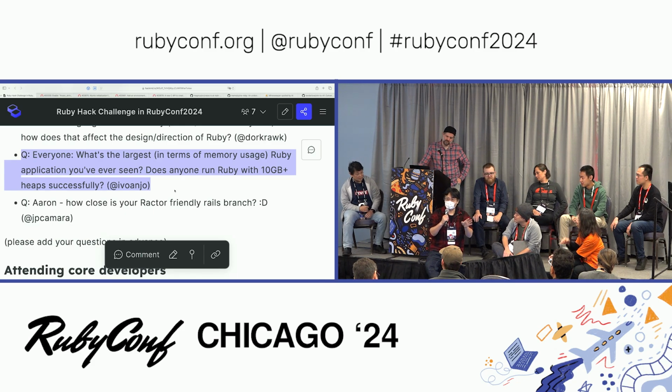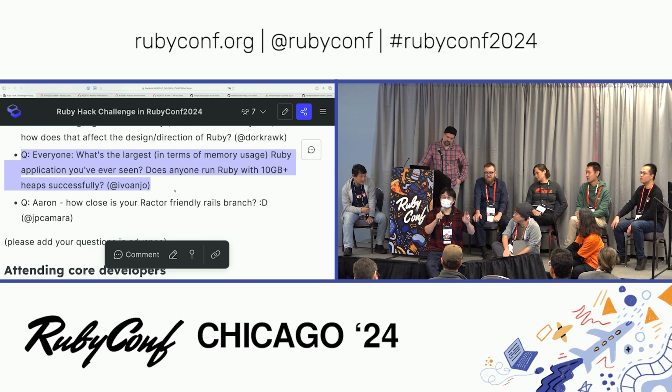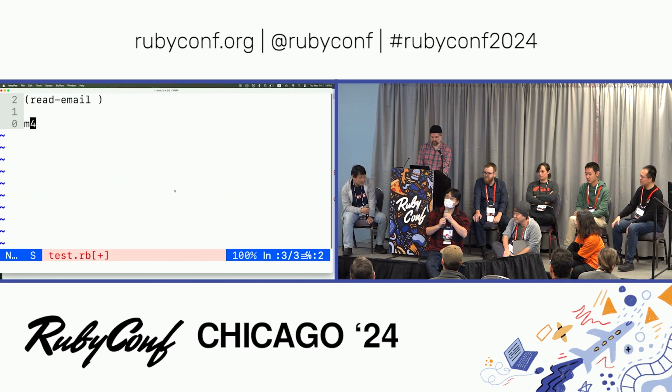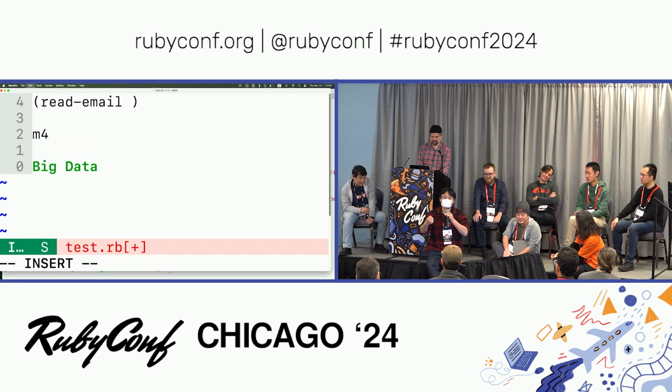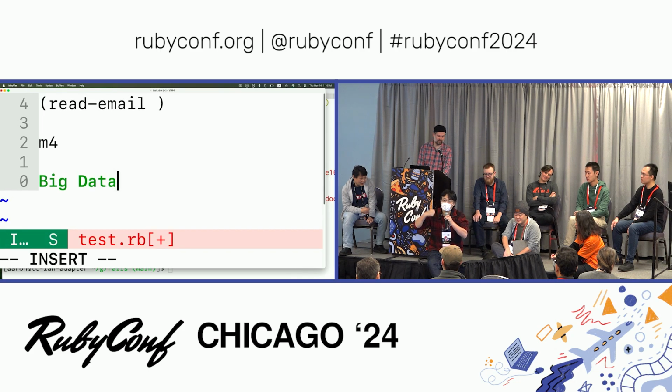Maybe 10 or more years ago, big data was a buzzword. So I bought a 250 gigabyte machine to try Ruby with huge memory consumption, making lots of dummy data on such a machine.